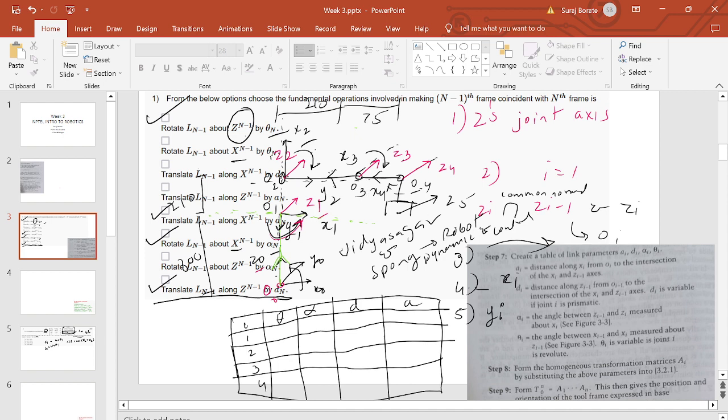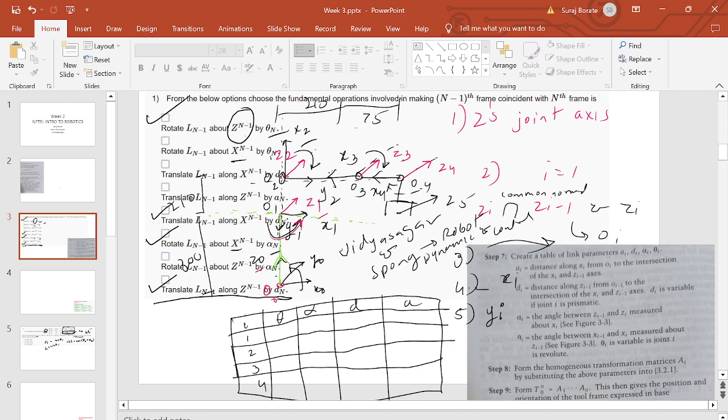So ai is the distance along xi from Oi to the intersection of xi and zi minus 1. So if you see, the distance along xi, this is the distance.